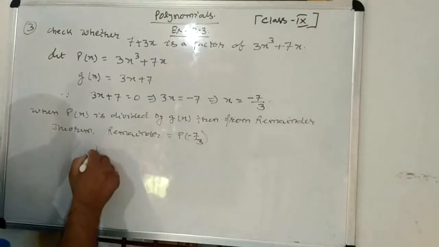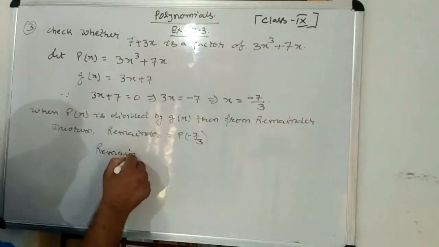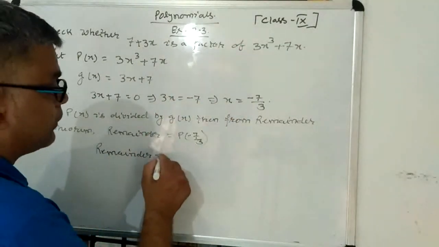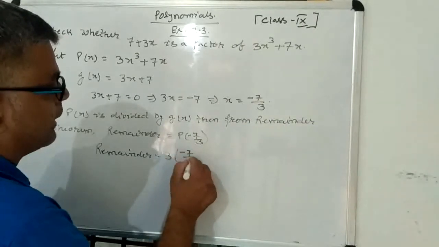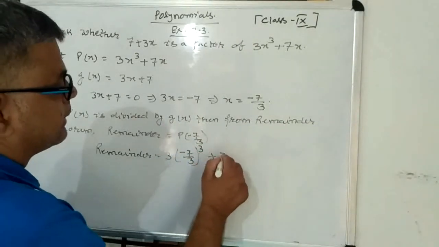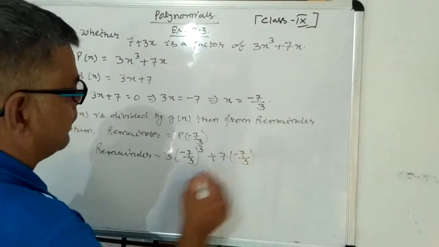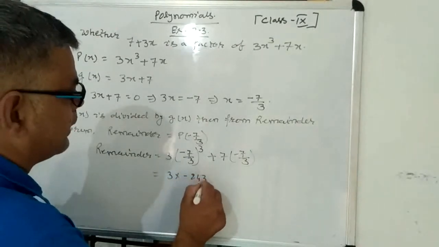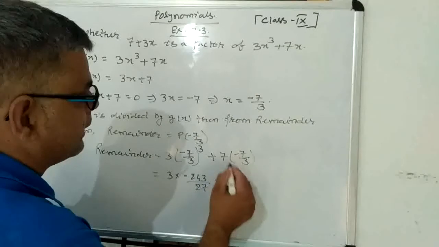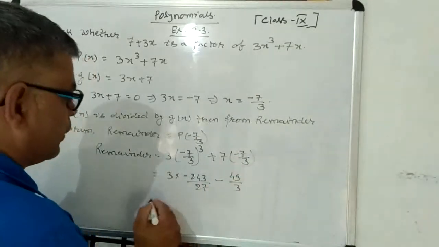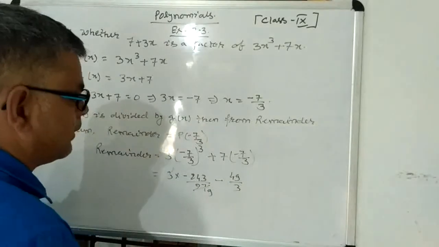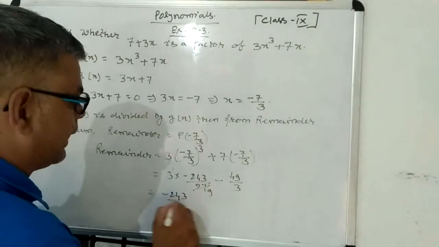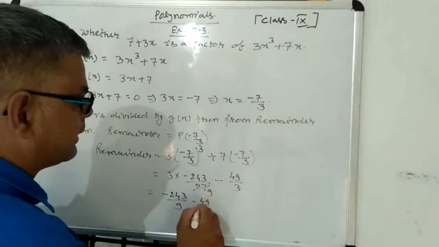So you calculate the remainder. Substituting x by minus 7 by 3, it will become 3 into (minus 7 by 3) whole cube plus 7 into minus 7 by 3. So 3 into minus 343 by 27 minus 49 by 3. 3 nines are 27, so you get minus 343 by 9 minus 49 by 3.